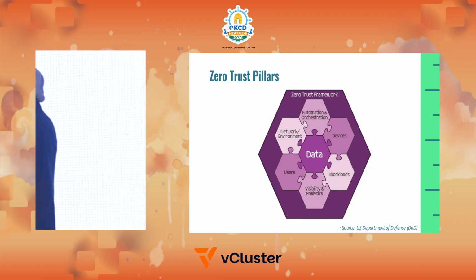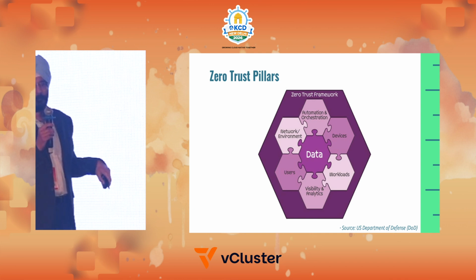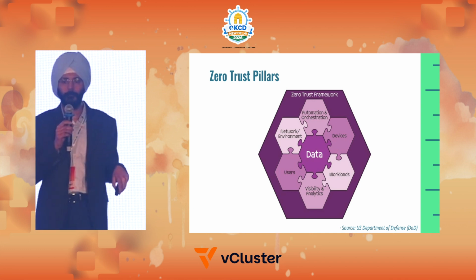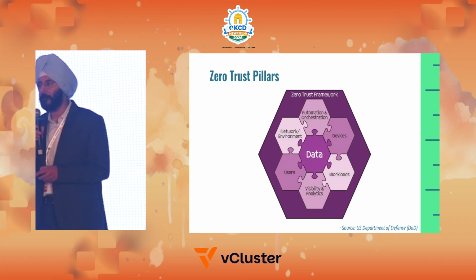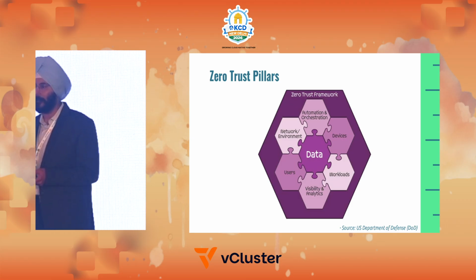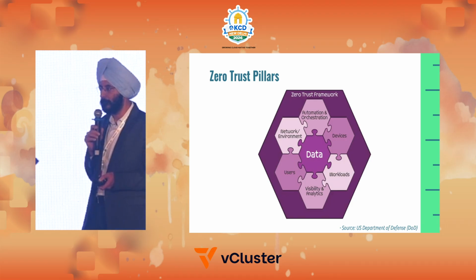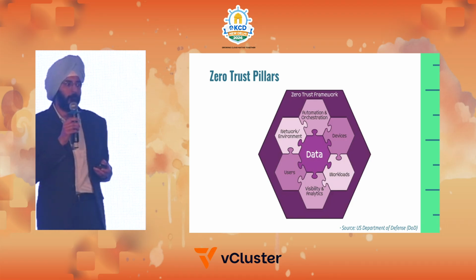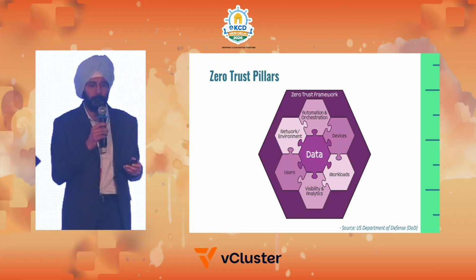So it is more like a puzzle where we have some core principles around the central pillar, which is the data pillar. The idea is how we can use these key pillars to make sure that the data remains secure and is not used by malicious actors. Starting from your devices, which should be continuously monitored for any kind of gaps.